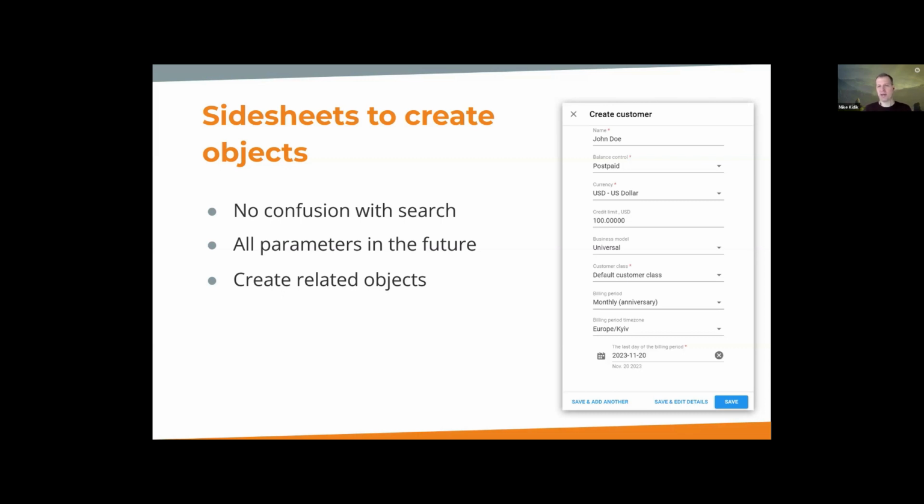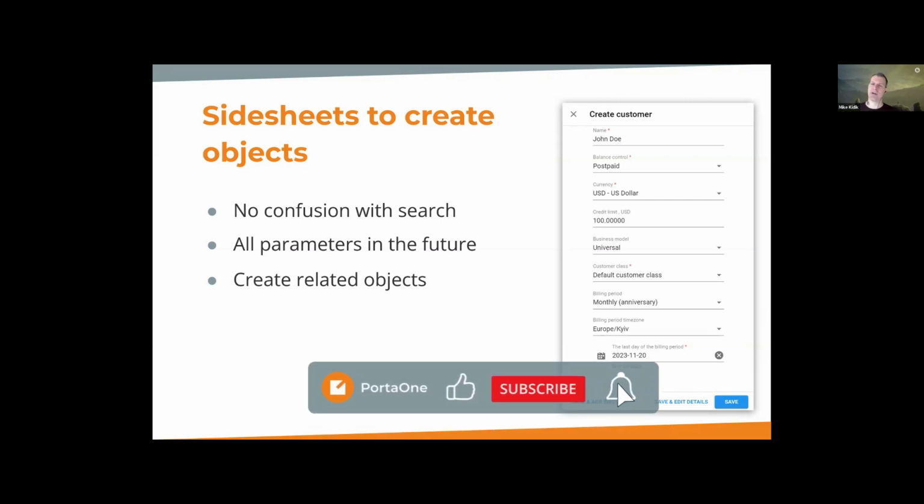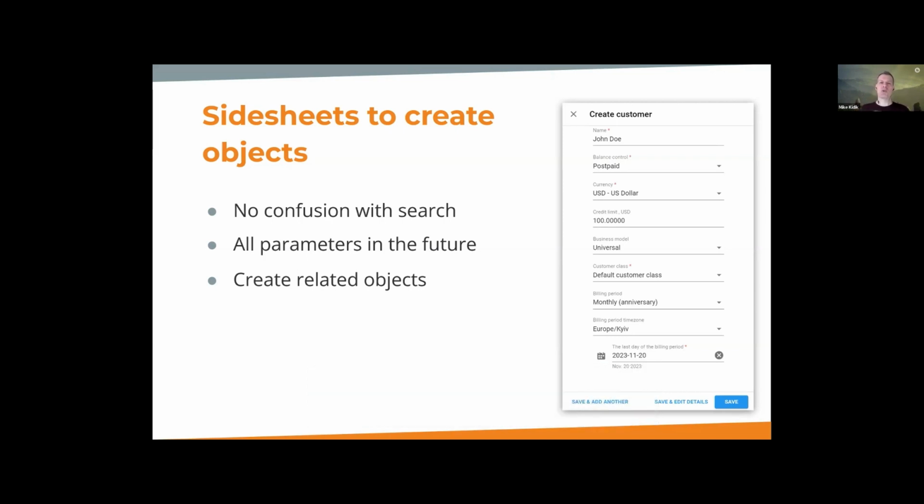And usually those are just mandatory parameters that you have to fill in before you proceed with other parameters. So basically, currently, creation of objects is a 2-stage process. When you fill in the basic data, you click save, and then on a full-scale page, you continue adding other details of the customer, for example. And then you have to click save again, right?